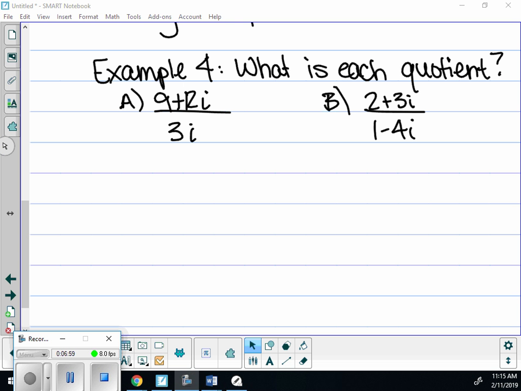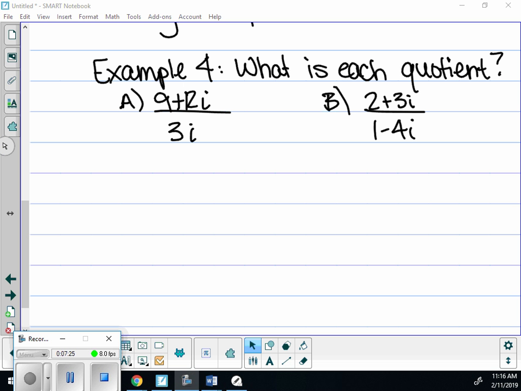So we could and should be able to simplify that. The other piece of this is that a fraction is not considered simplified if it has a square root in the denominator. Okay, we cannot leave a square root in the denominator of a fraction.